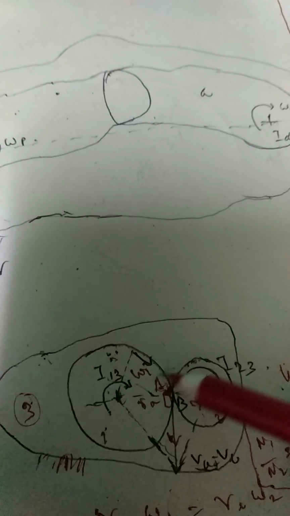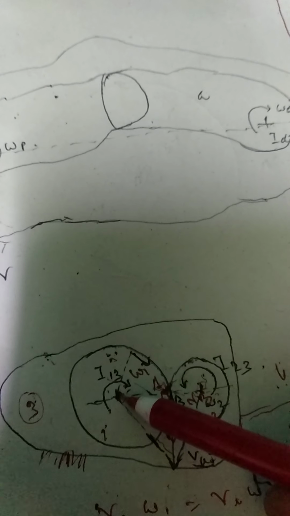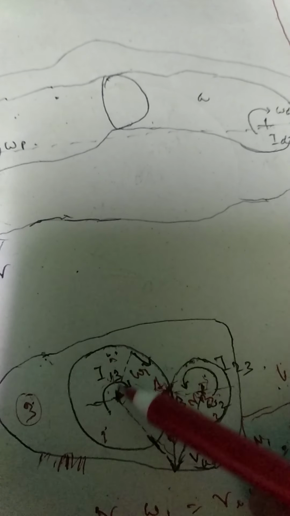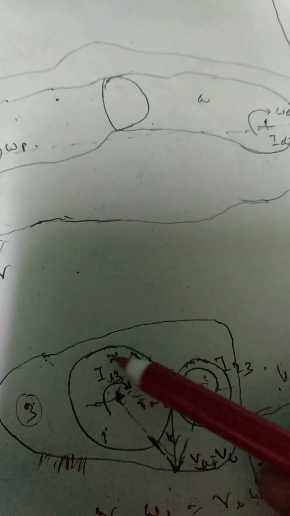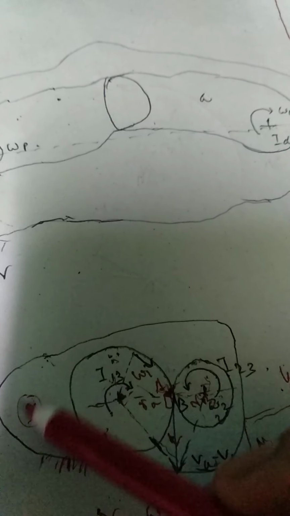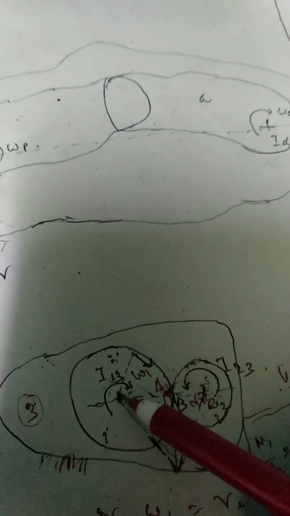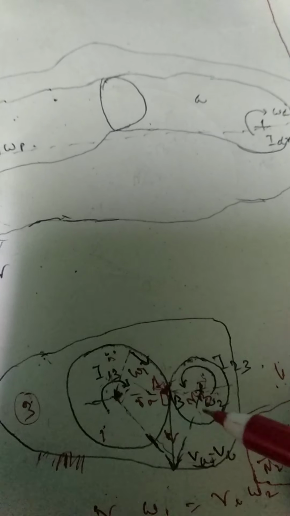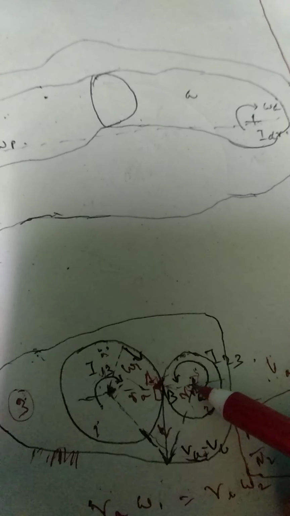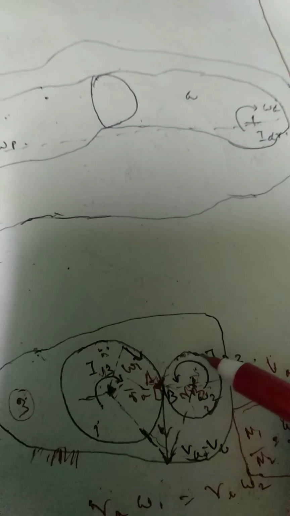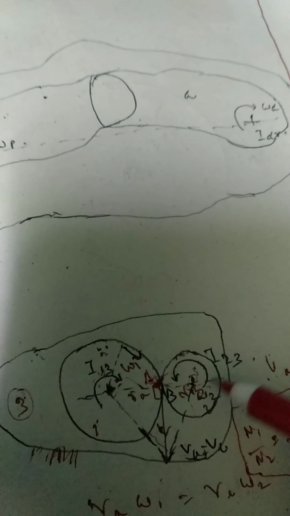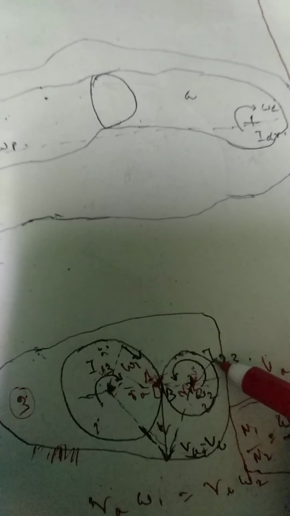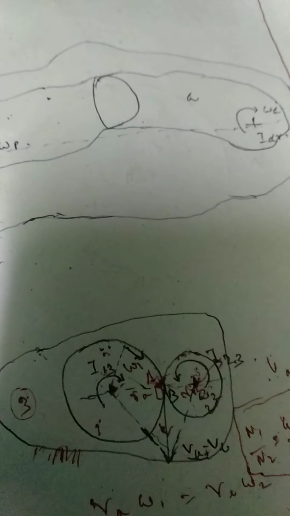Suppose this point is the I center of bodies 1 and 3. Since body 3 is fixed, the I center of body 1 and 3 is located over here. Similarly the I center of body 2 and body 3 is located over here. Suppose this is I23.